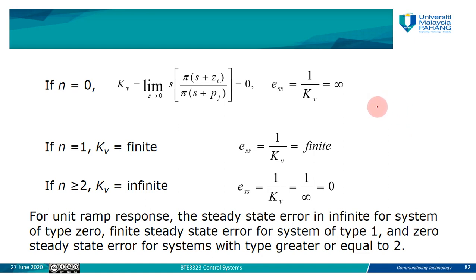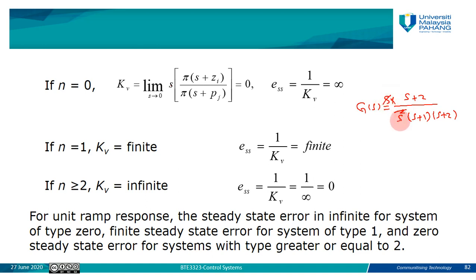For example, here you have the transfer function s plus 2 over s square times s plus 1, s plus 2. This is system type 2. Now when you multiply by s, this s times this s square, the s square goes with s. We still have one s in the denominator.